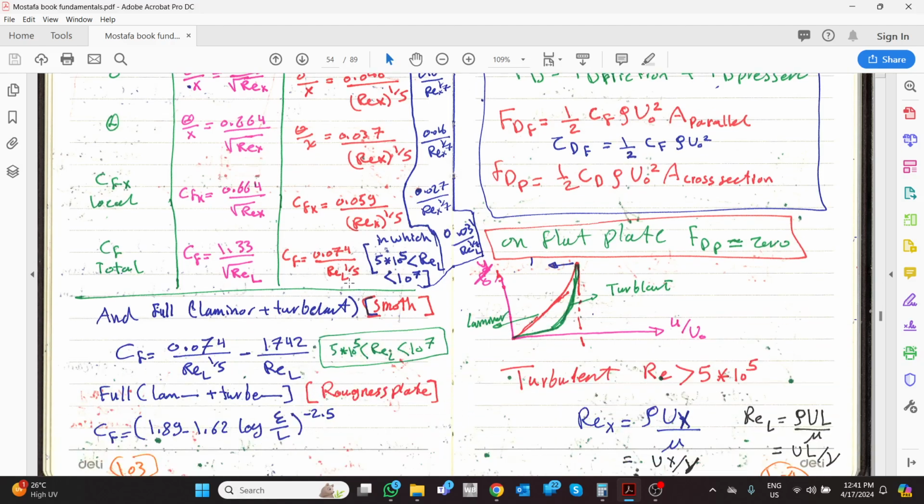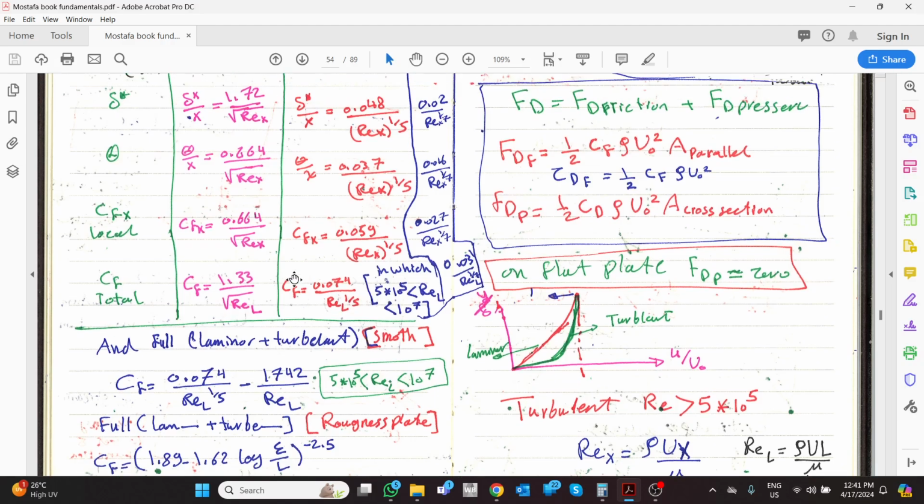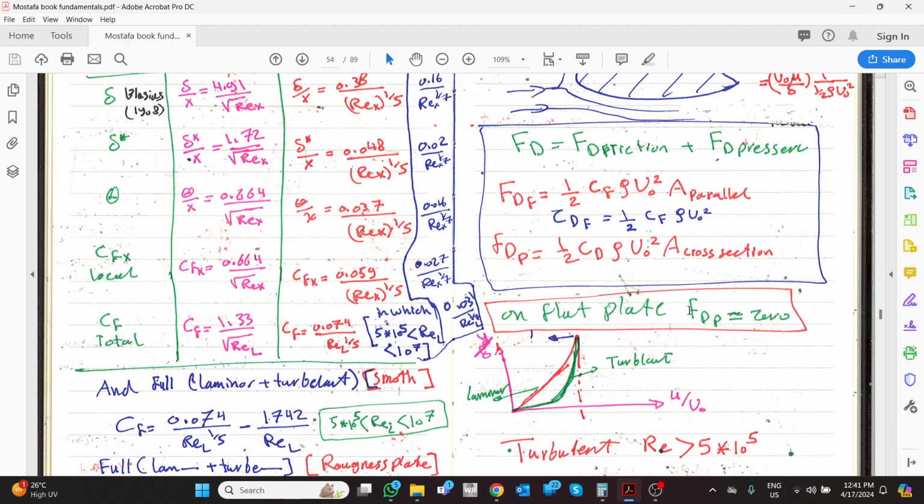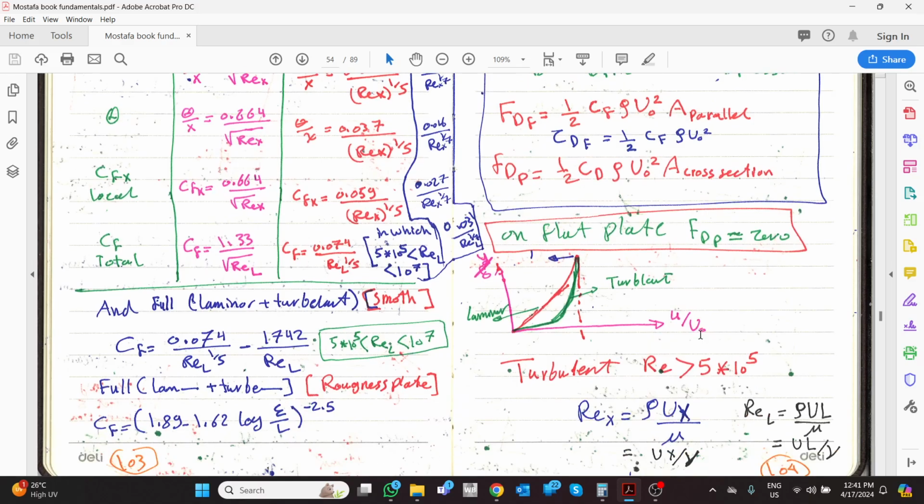Yes, you will tell me, okay, but this one has a power of 1 over 5, and all that, it is a correlation. This power is because we are changing these numbers. It depends on the correlation, but at the end, it can cancel each other, and we can neglect the density effect.